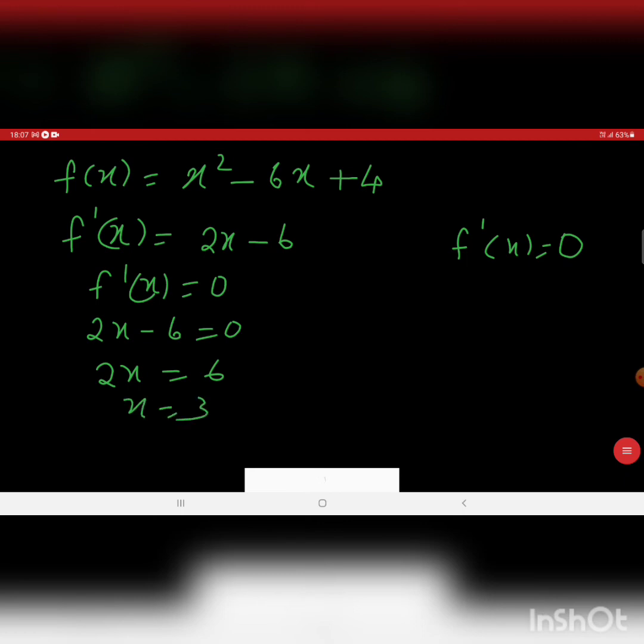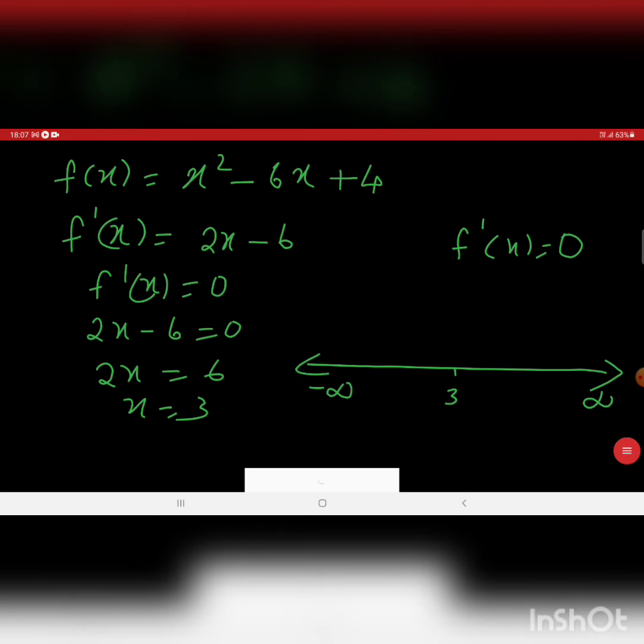We know the function is defined for all the real numbers. So you can consider the real number line. And at x equal to 3, there is a turning point. So we can split the whole interval into minus infinity to 3, one interval, and 3 to infinity, another interval.